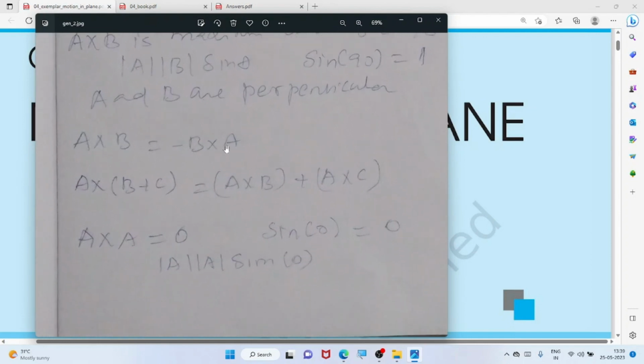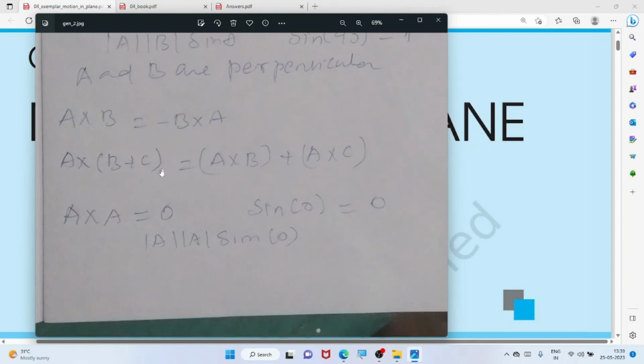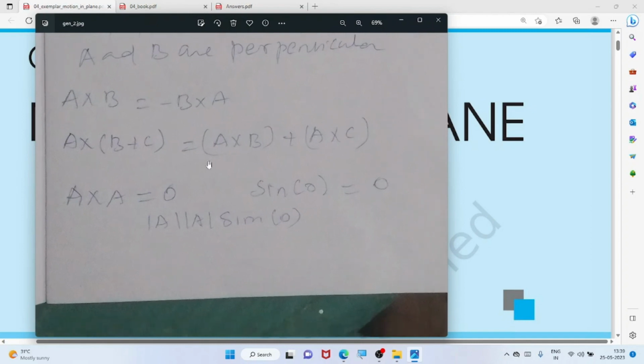A cross B equal to minus B cross A here. For A dot B equal to B dot A, but A cross B equal to minus B cross A. A cross (B plus C) equal to A cross B plus A cross C. And if you cross multiply the same vector, you will get 0. Okay, so sin 0 is 0.